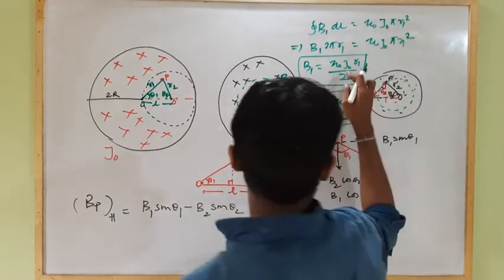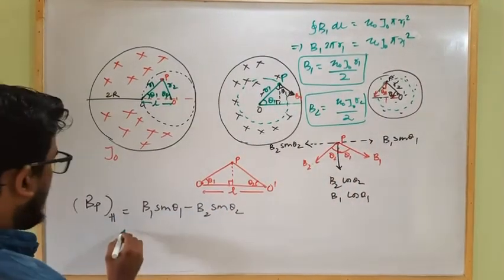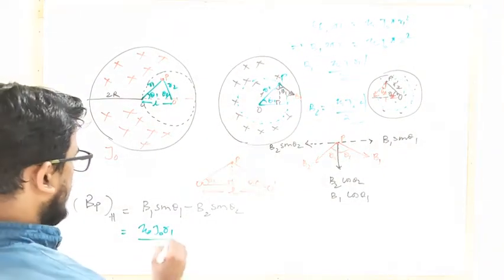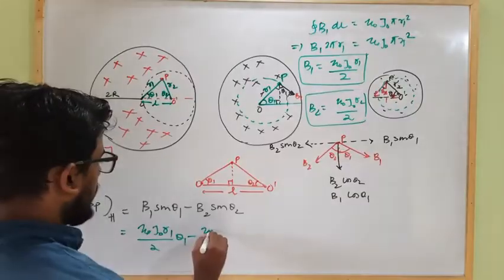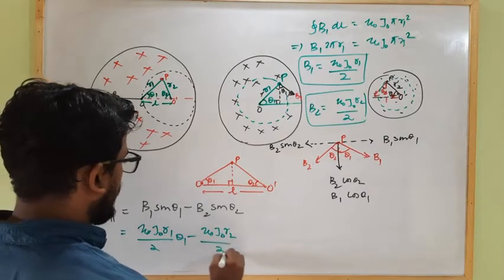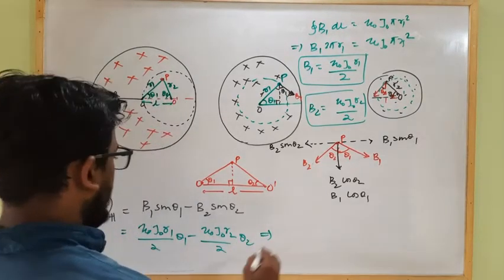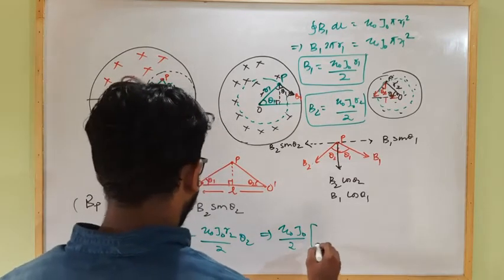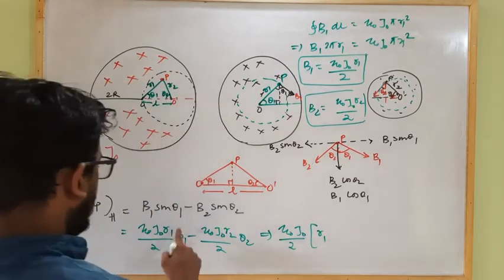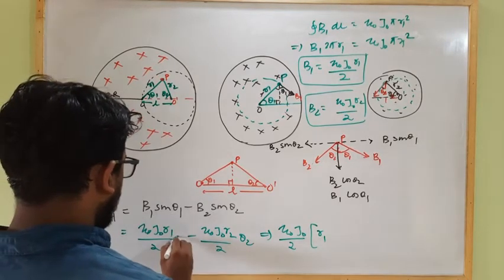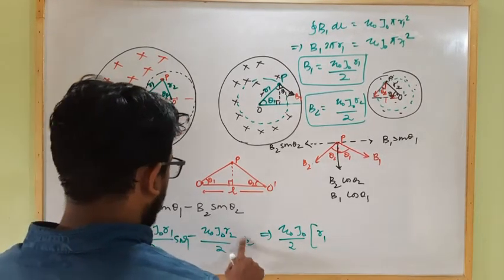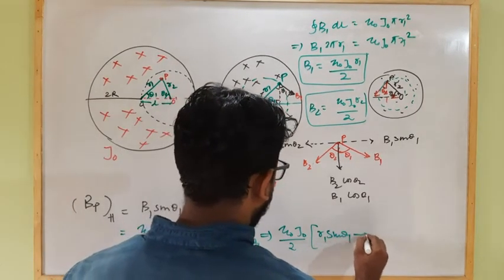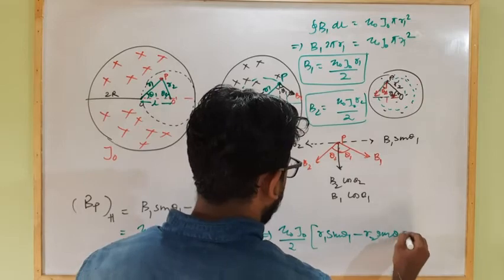So now using B1 and B2 at this point, we get mu naught J naught R1 by 2 sin theta 1 minus mu naught J naught R2 by 2 sin theta 2. Taking mu naught J naught by 2 common, it will become R1 sin theta 1 minus R2 sin theta 2.